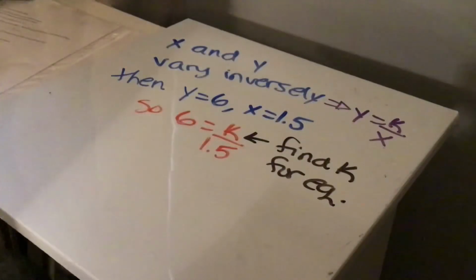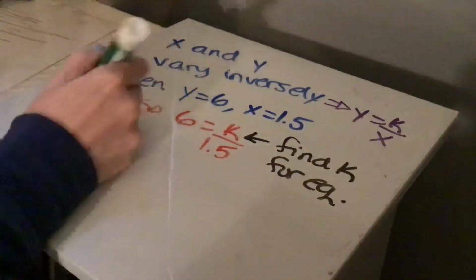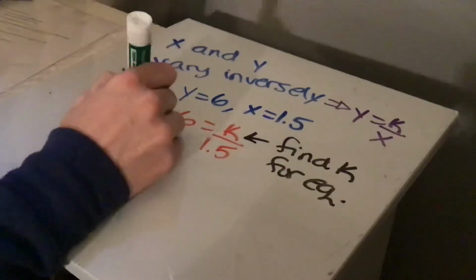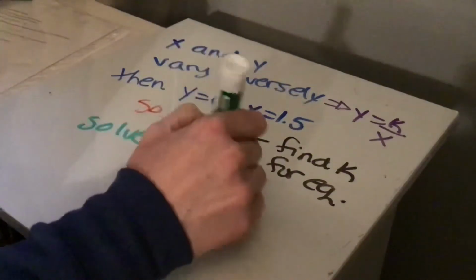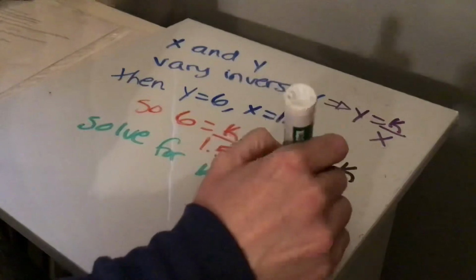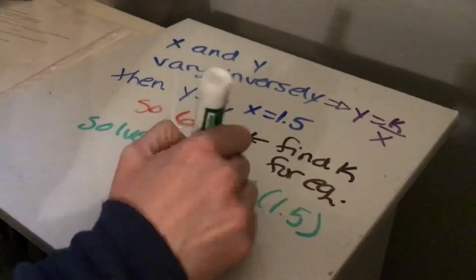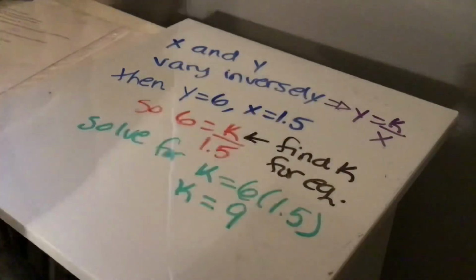It's our only unknown, so we're going to solve for k by multiplying by 1.5. So 6 times 1.5, k equals 9.